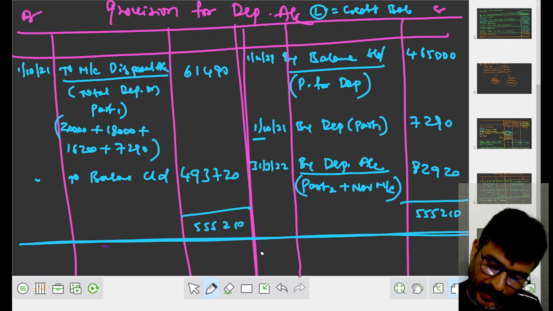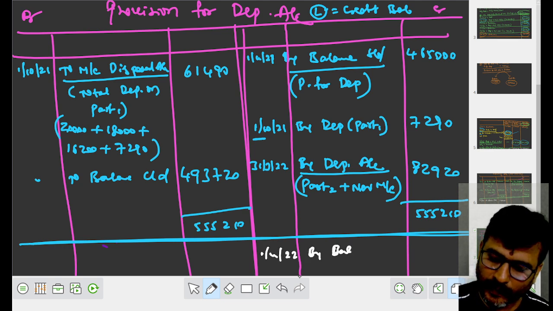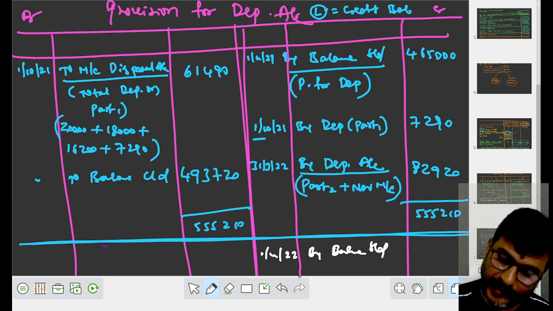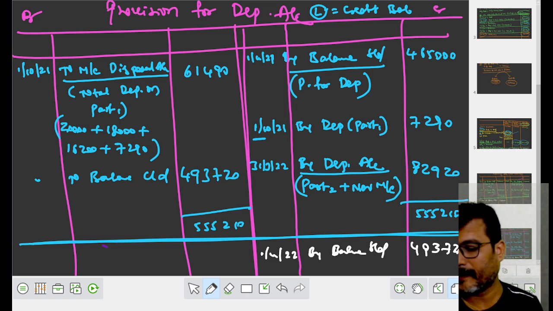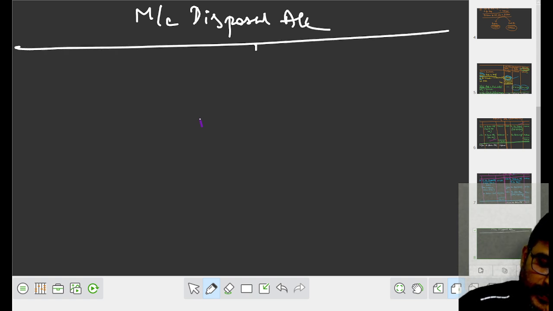Then you go for brought down on 1st April 22, by balance brought down 4,93,720. Now what we have to prepare? We have to prepare machinery disposal account.